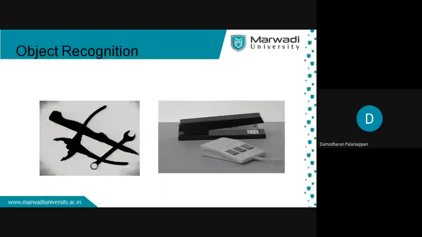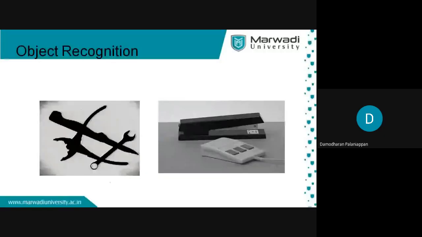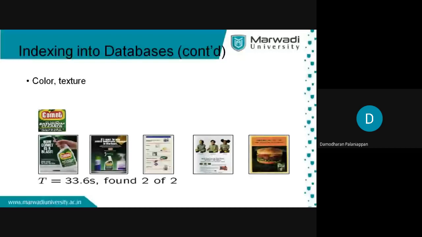Another application is object recognition. I already told you, if we capture any image through a digital camera, automatically the software tells the name of that image. Another one: when you capture an image, automatically the software tells how many colors that particular image consists of. It is also an example of image processing.